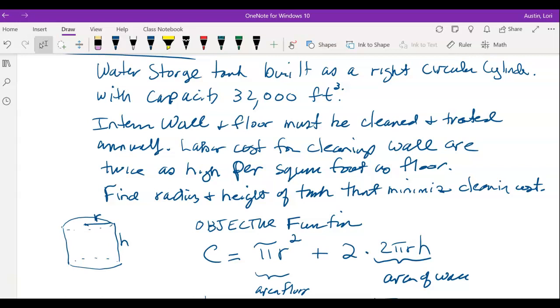It has to hold how much water? 32,000 cubic feet of water, correct? Which is 240,000 gallons. What geometric measurement is that? Volume. Our constraint comes in volume.